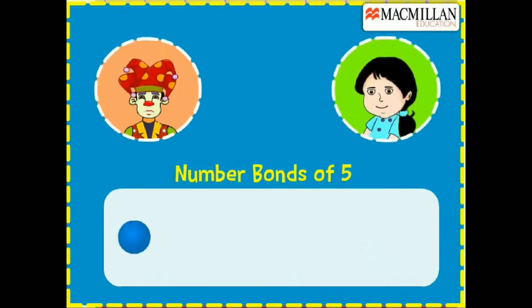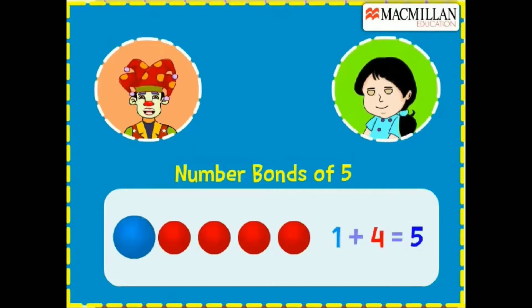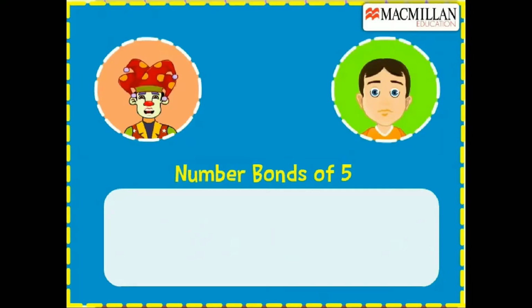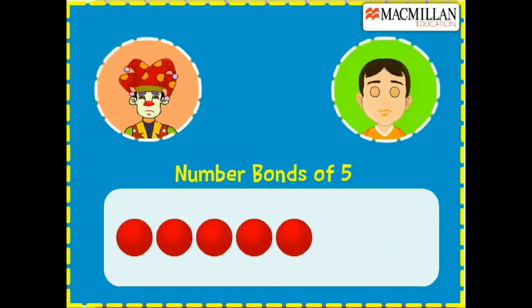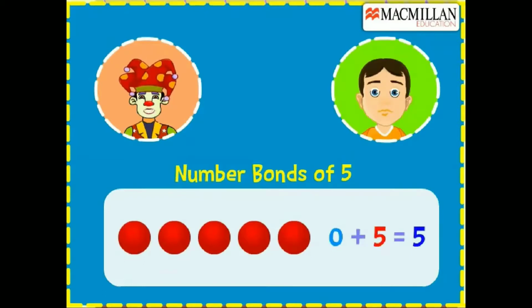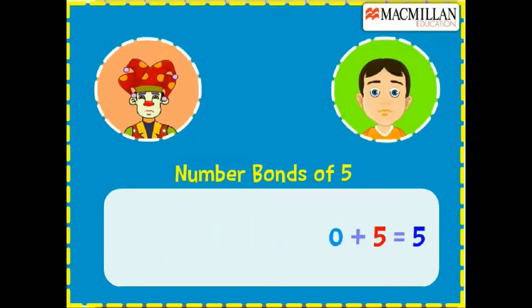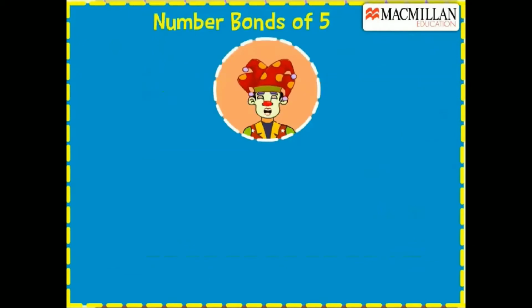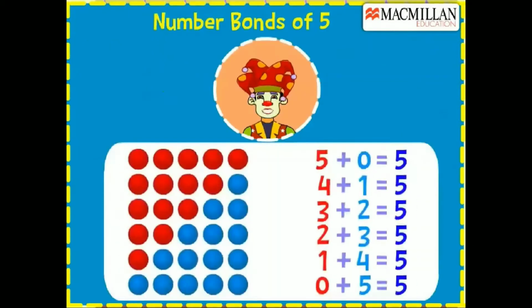Hey, you have 1 blue and 4 red balls. So that means we can also add 1 blue ball with 4 red balls to get 5 balls. You, my boy, have got all the red balls. That means we can also add all the 5 red balls with 0 blue ball to get 5 balls. Wow, kids! Very good! Now see my magic.